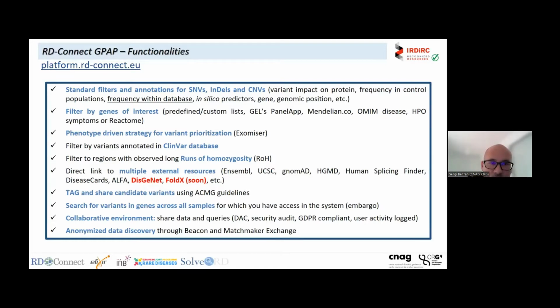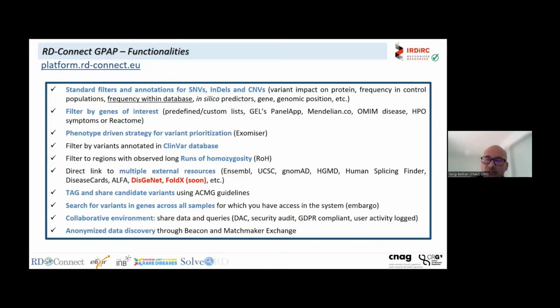We have a lot of ways of creating genes of interest or in silico gene lists on the fly, in real time. We have some which are predefined by our users, but others that come in through connections to the Genomics England PanelApp, or Mendelian, or OMIM disease, HPO symptoms, or Reactome.